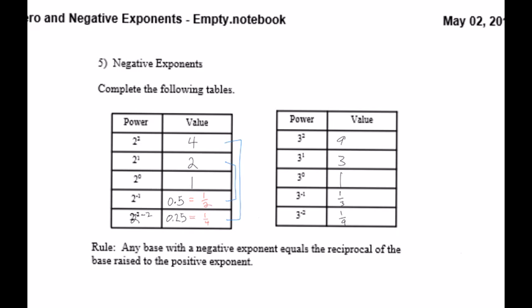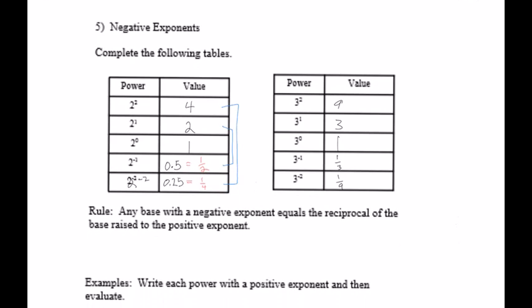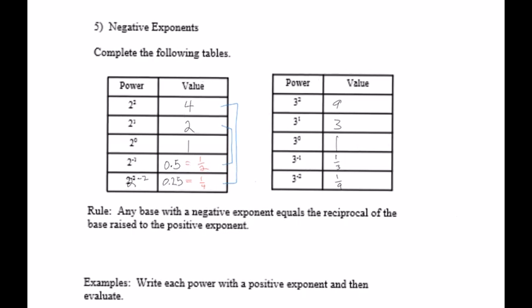So what we can see is that for any base that we have, if its exponent is negative, so let's say I had a to the negative n, I could write it as 1 over a to the n, and then simplify the a to the n.